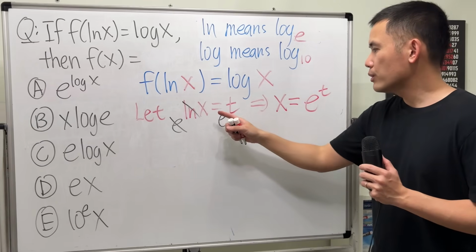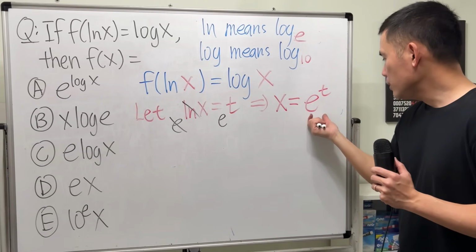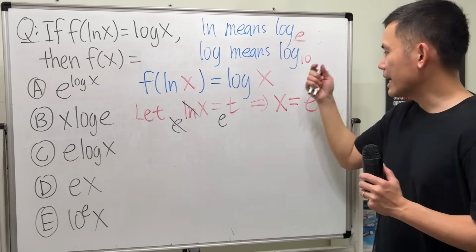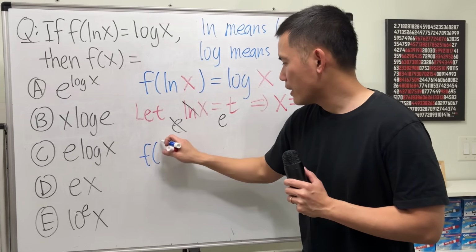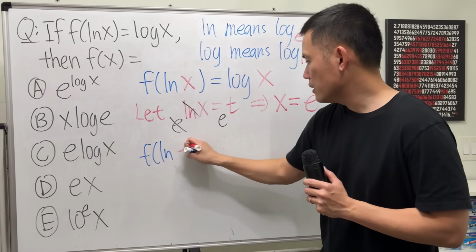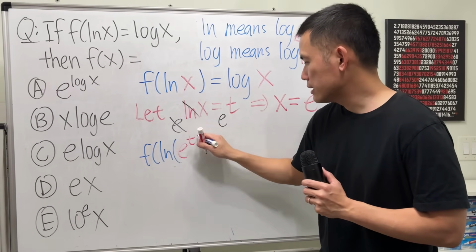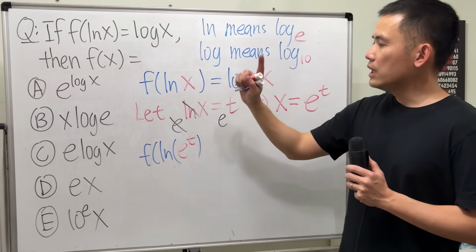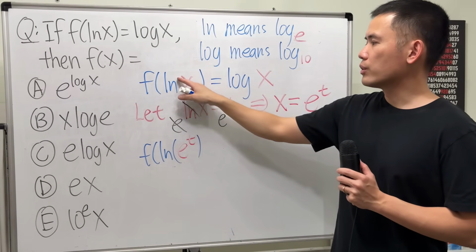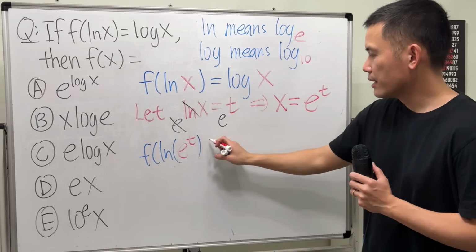So I'm going to put x equal e to the t's power right here into this and see what we get. Right here, we will have f of ln e to the t. And then let me just put parentheses around it because we're entering this into the ln x function. If you only have one thing inside of the ln, you don't necessarily need parentheses.